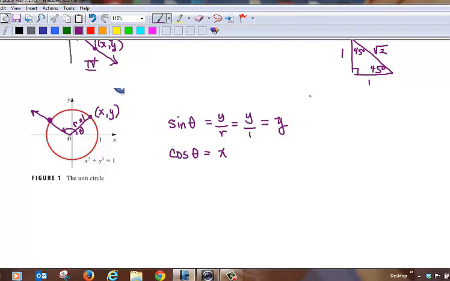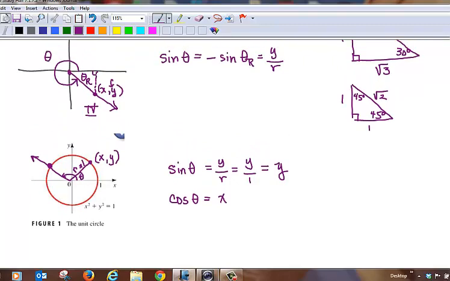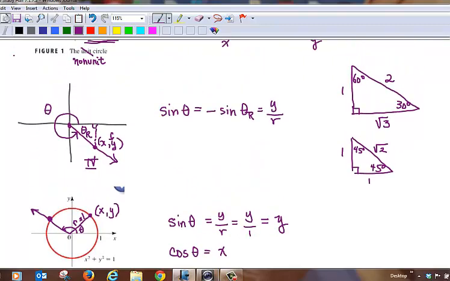If I look at my special right triangles, if r is forced to be 1, I'd have to force the hypotenuse of these two triangles to be 1. I can do that by just scaling down the triangle. Instead of 2, let's make this hypotenuse 2 over 2, which is 1, and similarly divide the two legs by 2.